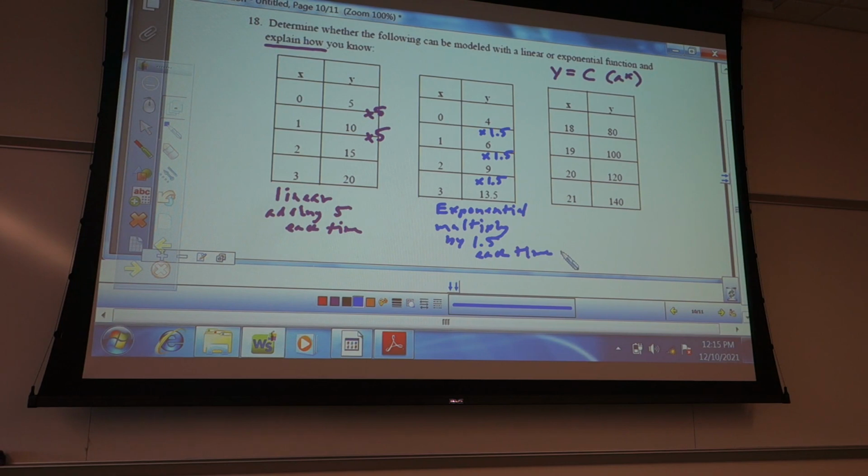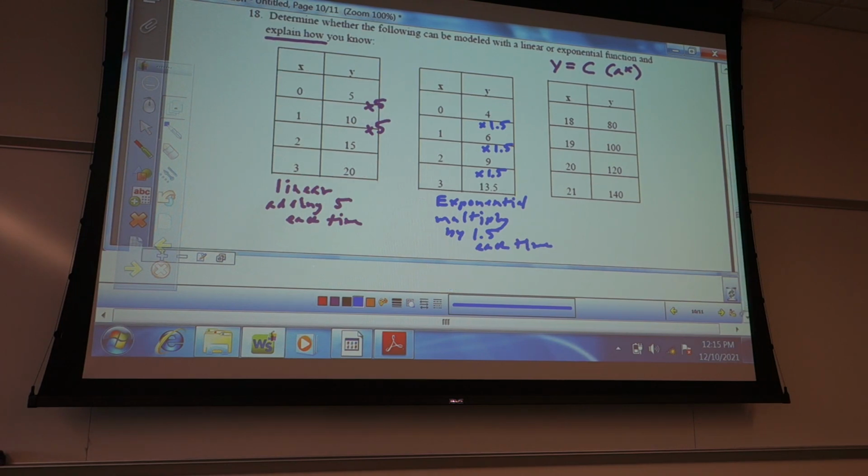All right, now you might have an extra credit question that will ask you to write the equation for each of these. Well, here, I'm adding 5 each time, so that means that my slope is 5, so I'm going to have y equals mx plus b, right?